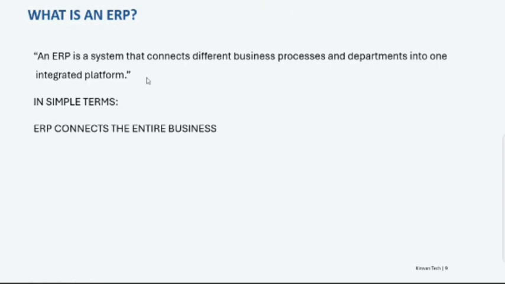Then an accounting software usually handles an aspect of a business, maybe finance, more so they focus on the finance area of the business, like QuickBooks. But this one covers the whole aspect of the entity. So in simple terms, ERP connects the entire business as one whole unit. So it is being operated as a unit by just using one system.